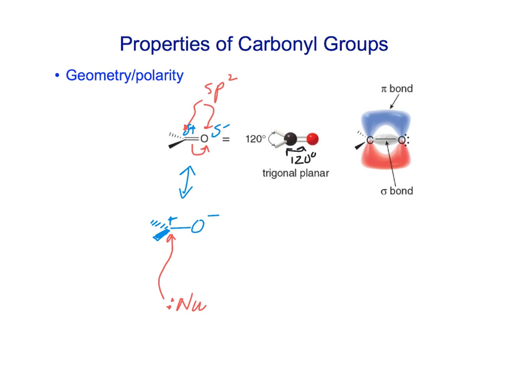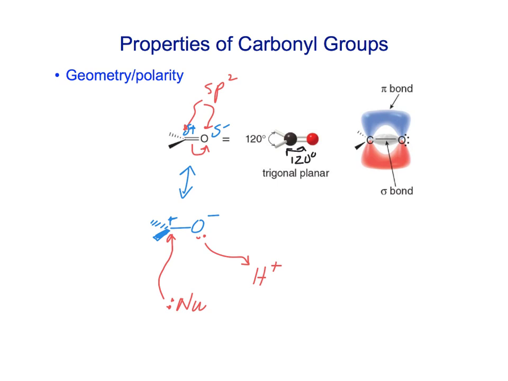This could be a Lewis acid. It could be, let's just do the simplest case here, it could be a proton. Which end of the carbonyl would the proton be drawn toward? The oxygen, right? So carbonyls can react at either end, but they're going to act on the oxygen with something that's more electrophilic, on the carbon with something that's nucleophilic.